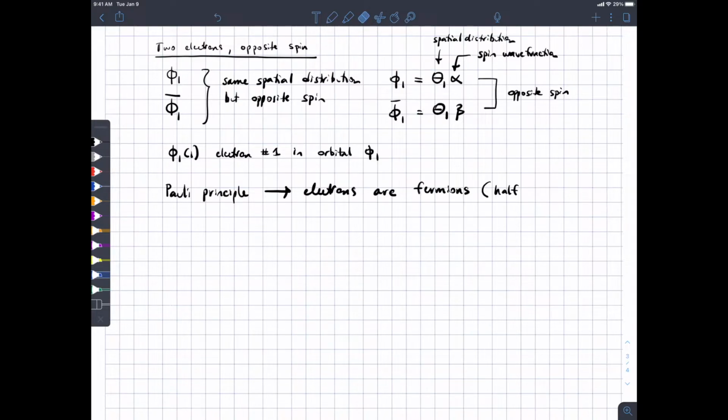So there are some particles that have integral spin, like +1 or -1, but electrons aren't those. And a consequence of the fact that they are fermions is that electrons in a molecule have to be indistinguishable.